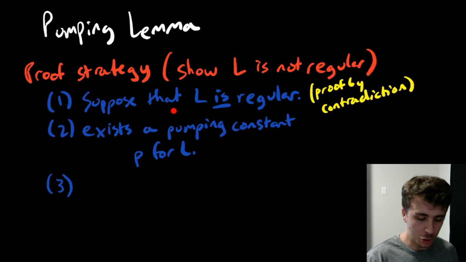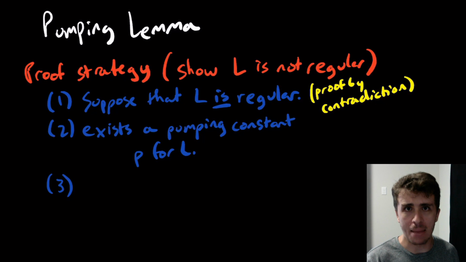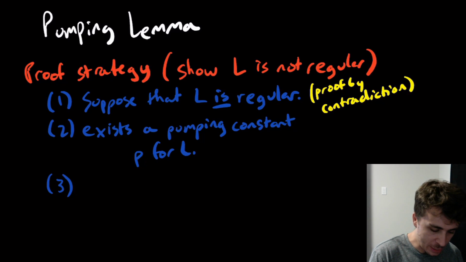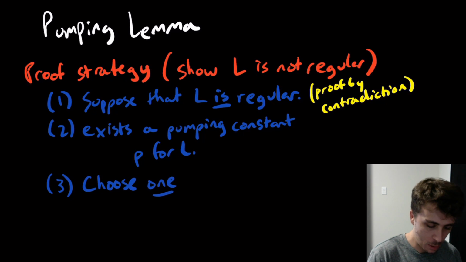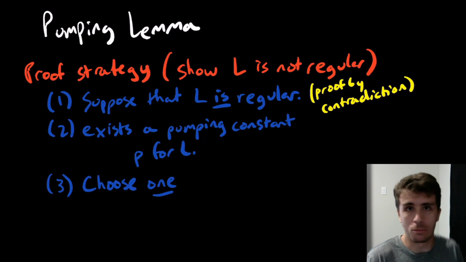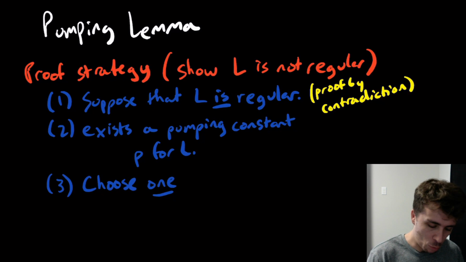So if I want to show that that can't possibly happen, all that I need to do is to show one counterexample, one string, such that we can't pump it. So then what we need to do is to choose one. You can choose multiple if you wanted to, but we only need to do one.